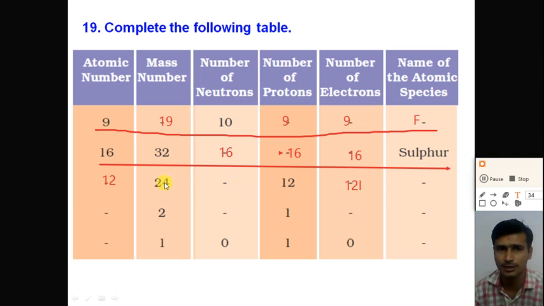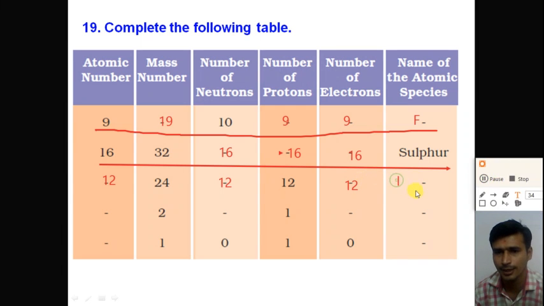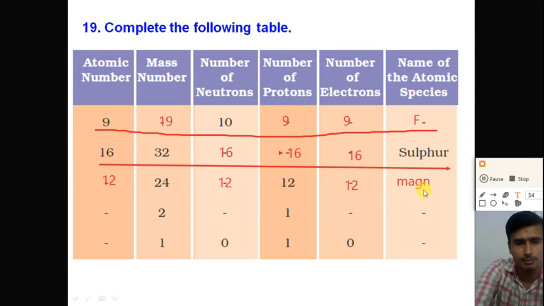Mass number is 24. So number of neutrons is 24 minus 12, that is 12. Which element is there? The name of the element with atomic number 12 is magnesium. So write here the name of the element, magnesium.